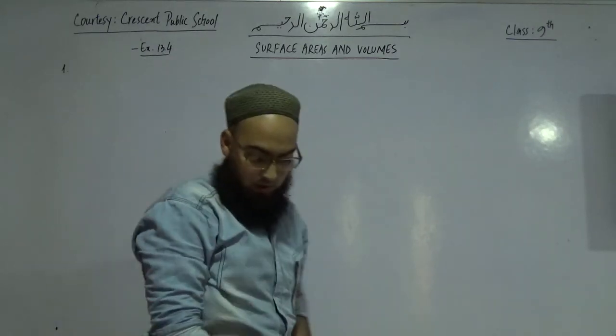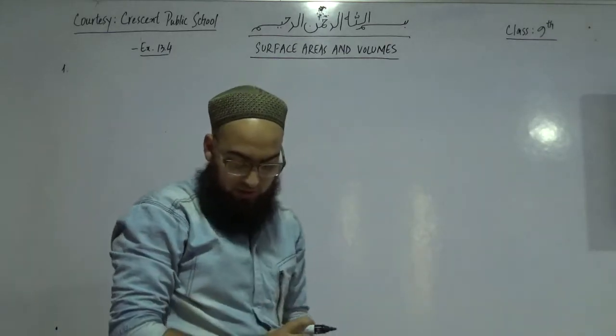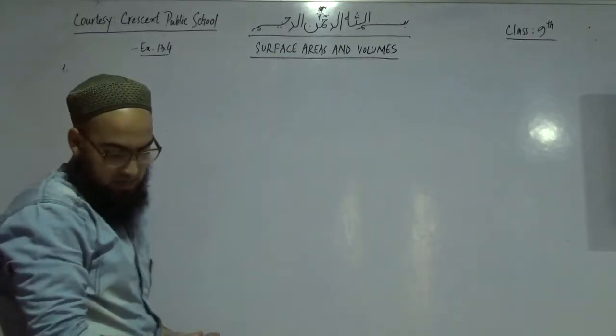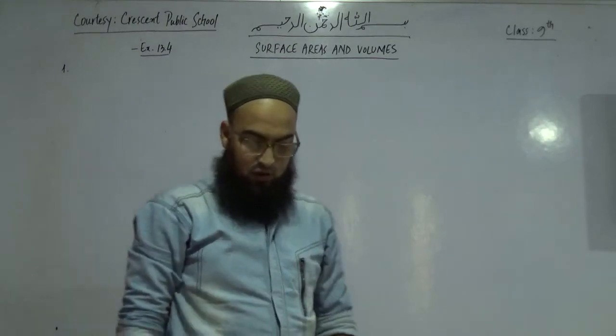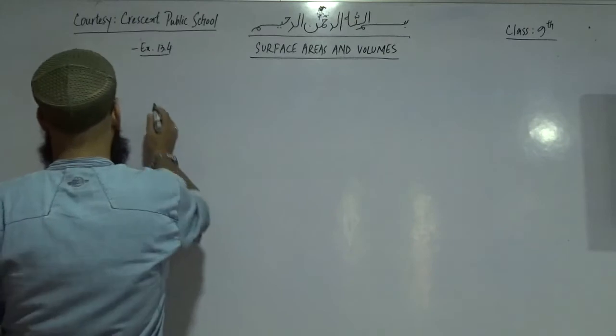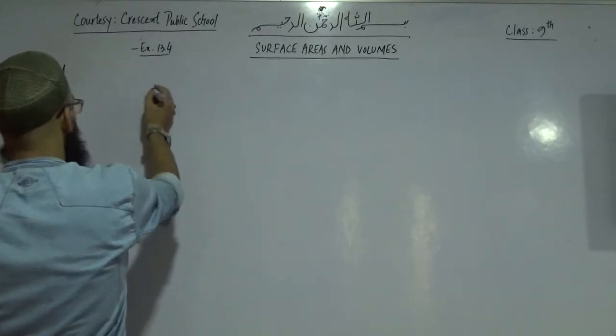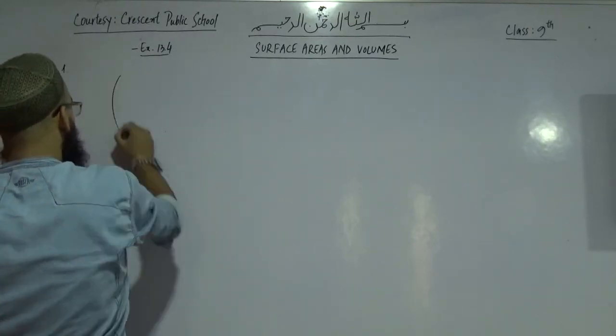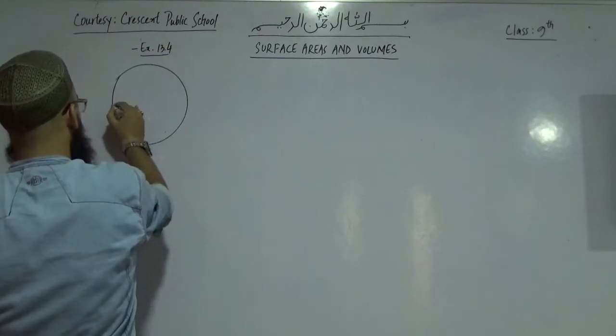Let's have question number 1. It says find the surface area of a sphere of radius. You need to find the surface area of a sphere and the radius is given. Simple question. So we have a sphere. Let me draw a sphere.